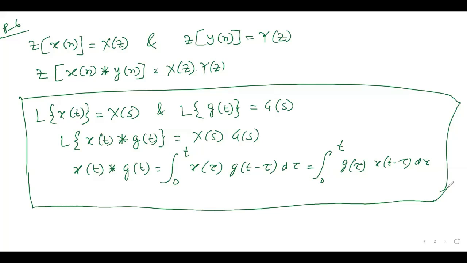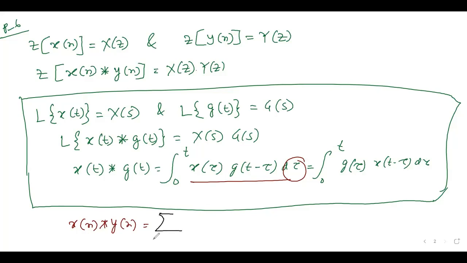So you are familiar with convolution in time domain, and I think Anirban sir already discussed in module 1 the graphical convolution and the mathematical convolution. So if we have two discrete signals xn and yn, what is their convolution?